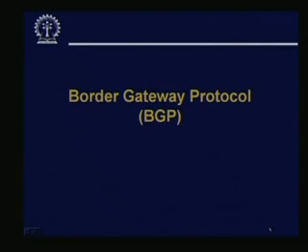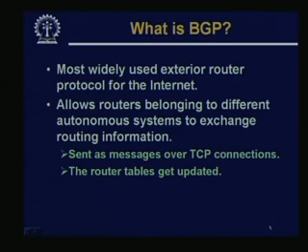So, our topic of discussion today to start with is the Border Gateway Protocol, which is one such exterior routing protocol. Now, let us see what BGP actually is. I just mentioned that BGP is perhaps the only exterior routing protocol that is used extensively almost everywhere.